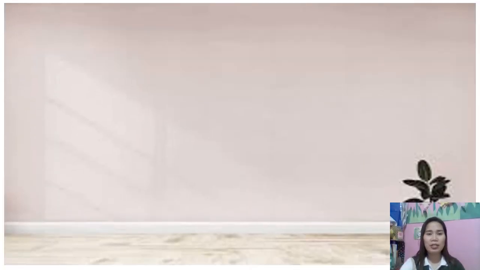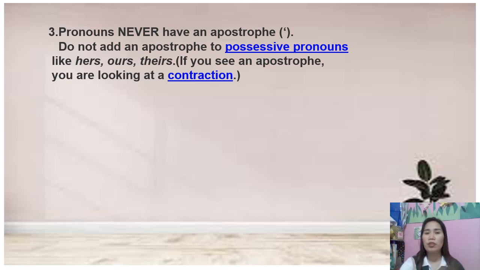So now let's have the rule number 3. So pronouns never have an apostrophe except indefinite pronouns to make them possessive. All right? So here, do not add an apostrophe to possessive pronouns like hers, ours, theirs. Okay? So if you see an apostrophe, you are looking at a contraction.